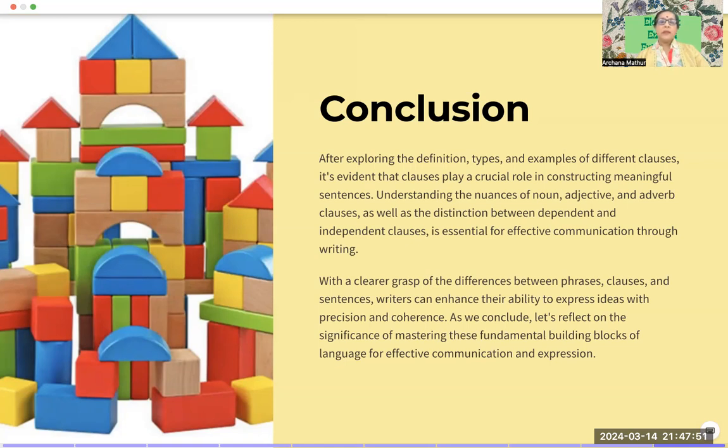If you know this, you can be very good writers, and also good speakers. So it's very important to know these differences. In conclusion, let's reflect on the significance of mastering these fundamental building blocks of language for communication and expression. So that was all for today.